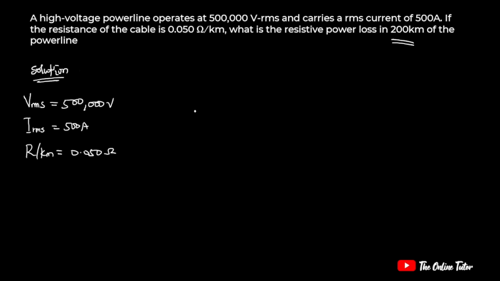So let's look at what we have. We know from alternating current that power is equal to voltage times current. Now in AC theory, our voltage is a root mean square voltage, and our current is a root mean square current.